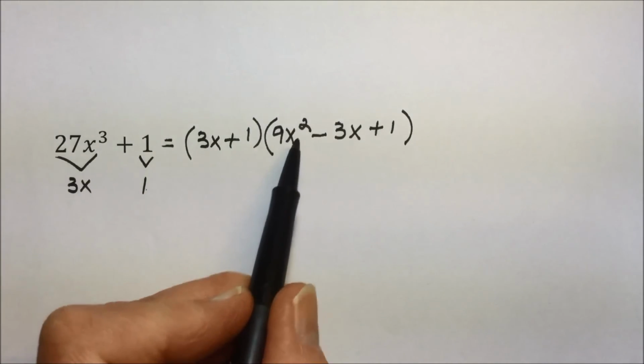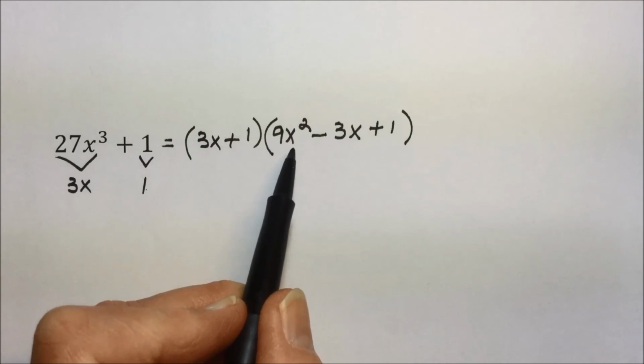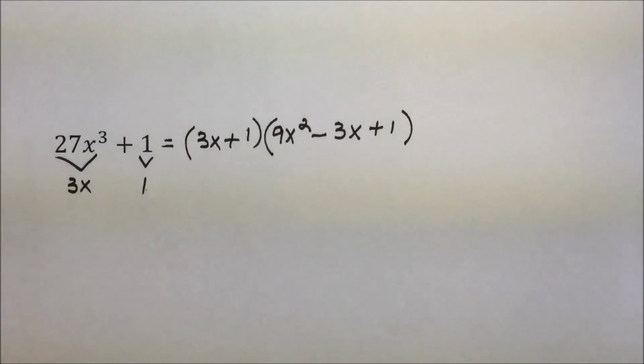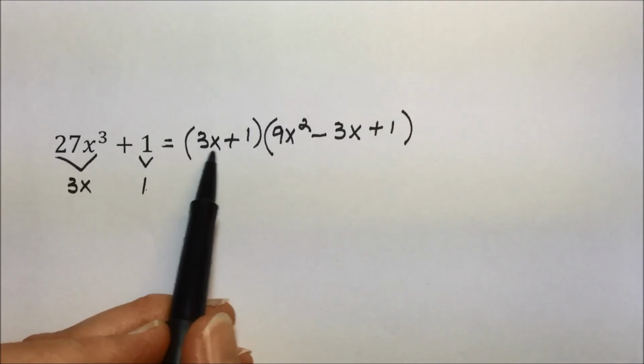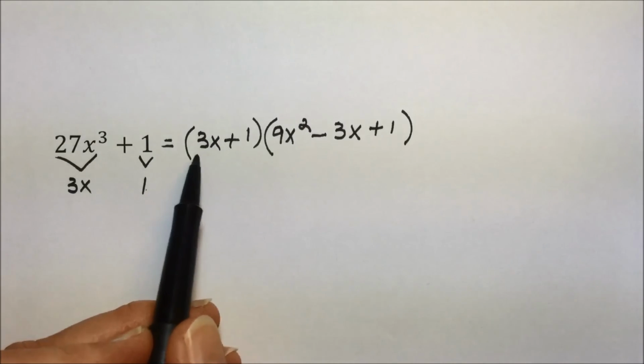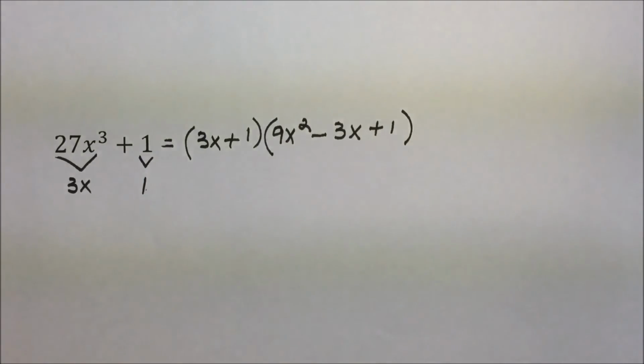This trinomial, even though it does have a power higher than 1 on one of the terms, is not factorable. It's prime. And a good indication is if this binomial is to the first power, or the highest degree is 1, there is no way that this breaks down further. So we have factored it completely, and it's always a good idea to multiply these back together to check that you have factored it correctly.